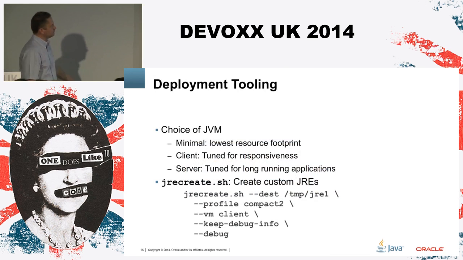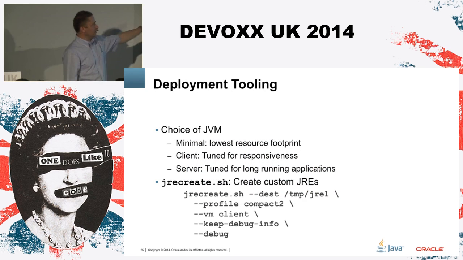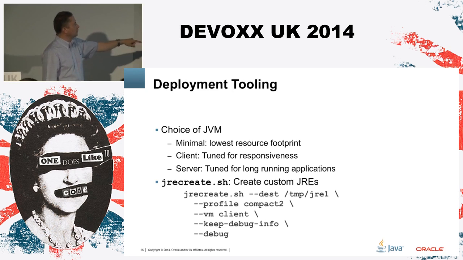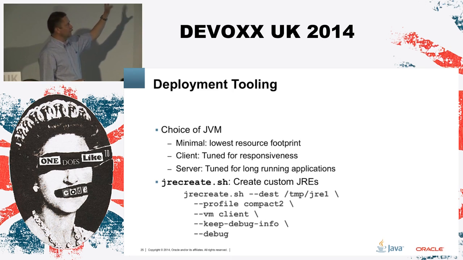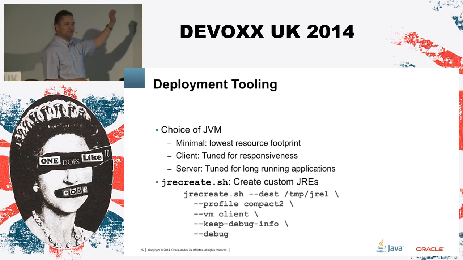The way that you do that is with a command like this, where you're saying jrecreate.sh, dest is where you want the JRE to live, and then you say I'm going to use a profile, which is compact2. You've got a choice of the way that the JVM is configured. So you can either say minimal, which is the lowest footprint in terms of memory.